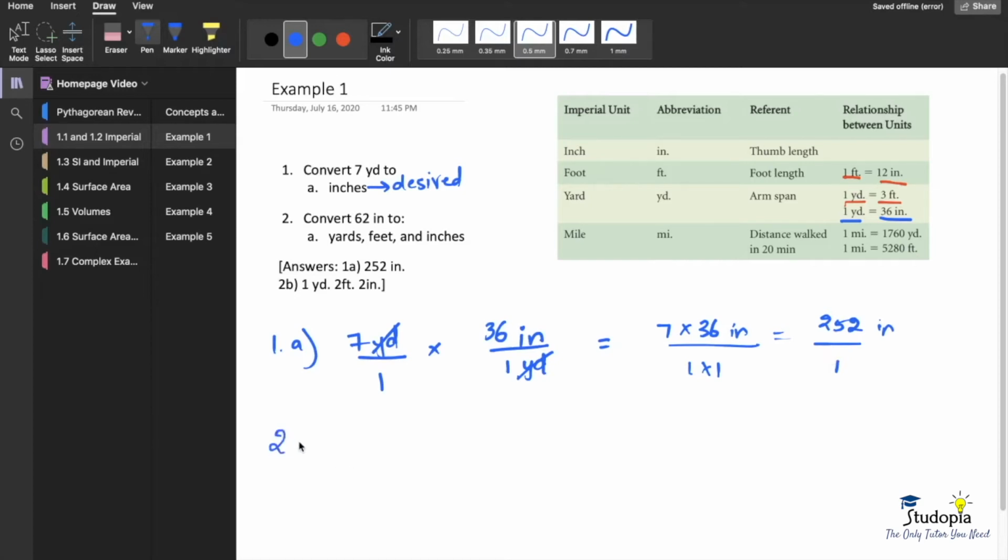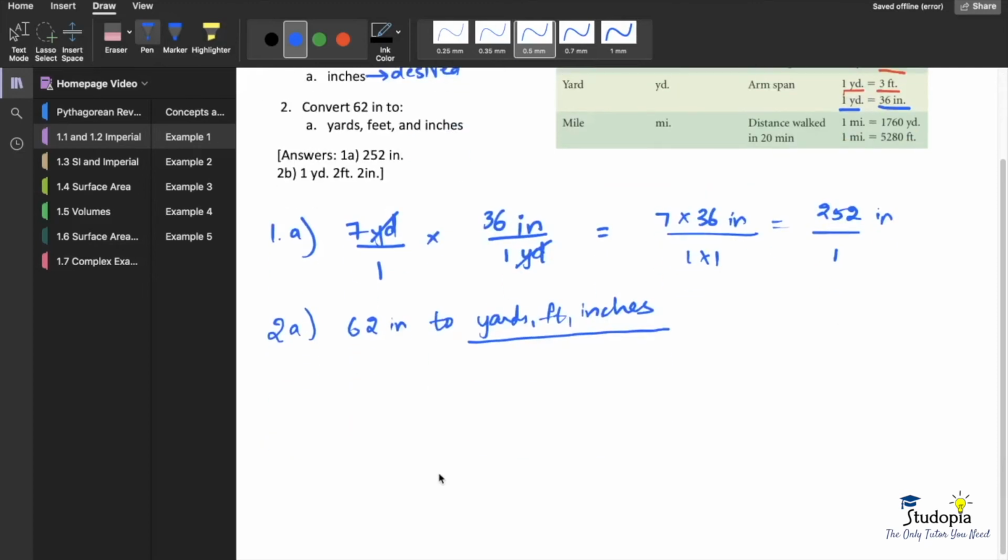Now let's do 2a. So here they're asking us to convert 62 inches to yards, feet, and inches, right? So here our desired units are actually 3 because we need 3 of these. So now what we're going to do is we're going to start converting with the first desired unit.